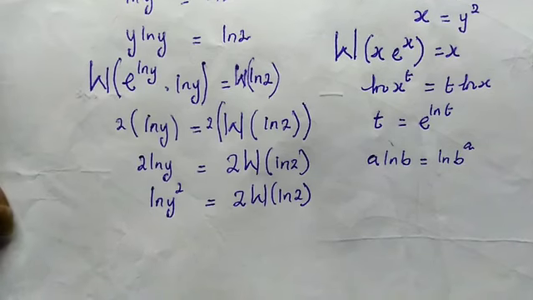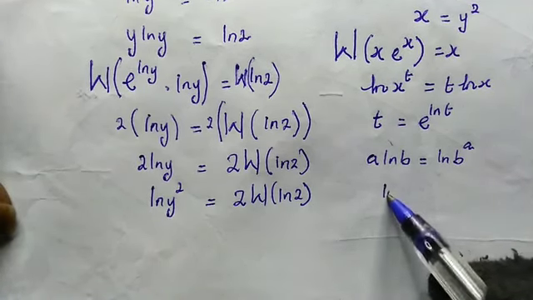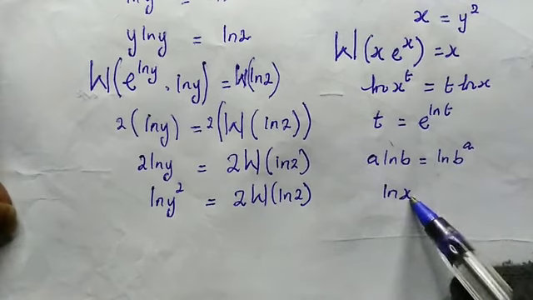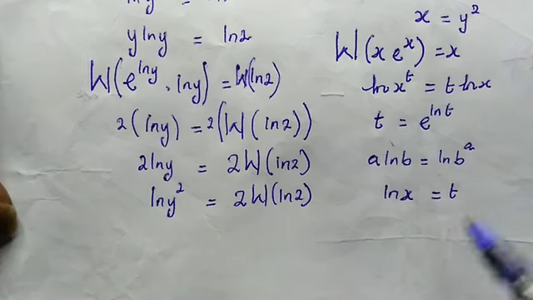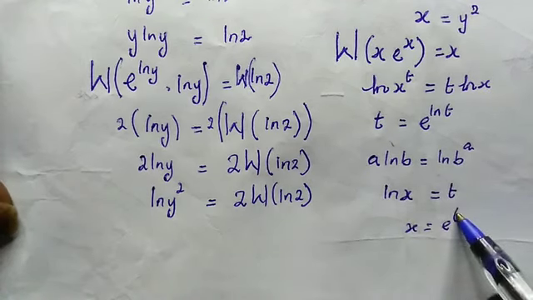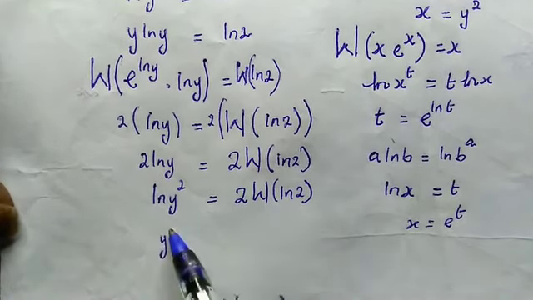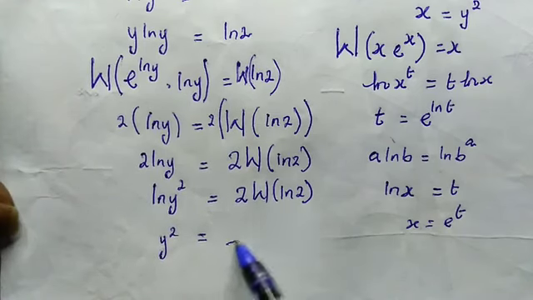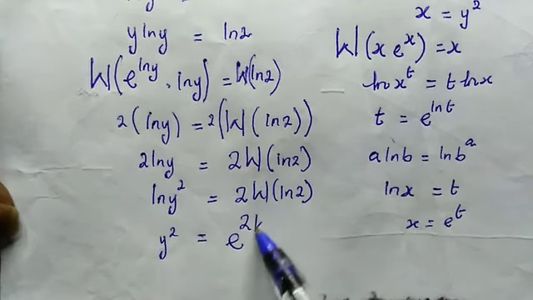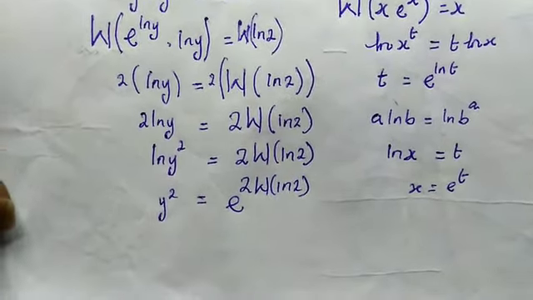And from here, we know this property. When we have the natural log of x equal to t, here x is the same as e to the power of t, right? So for here, y squared is equal to e to the power of 2 times the W of the natural log of 2, right?